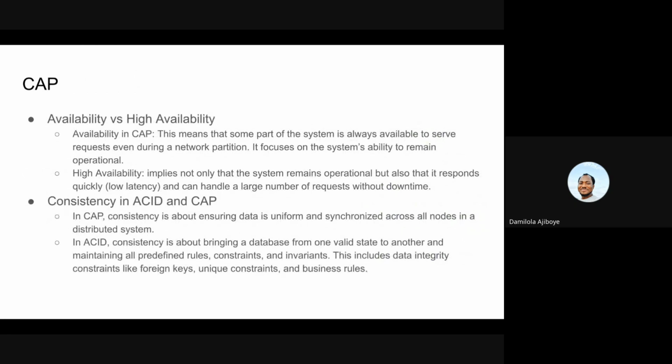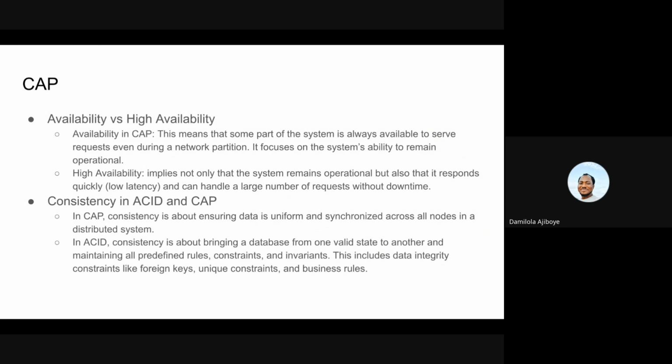We'll look at things like Quorum later, which shows how we can make those trade-offs. Another thing to think of is availability and high availability. There's a difference between these two terms. Availability in CAP doesn't have an upper bound.